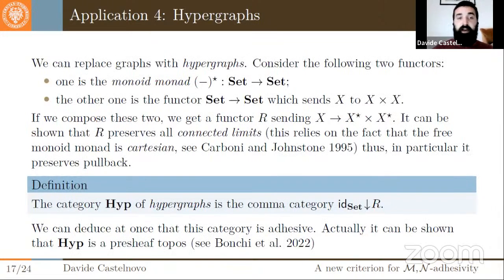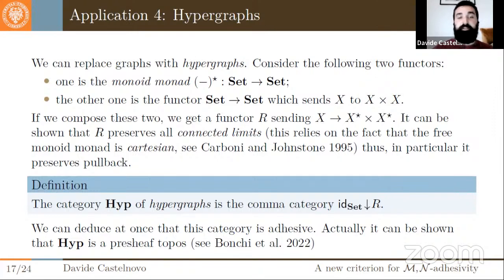We can replace graphs with hypergraphs. So we can consider two functors. One is the monoid monad, the Kleene star, and the other one is again the functor R as before, in which a set X is sent to the product with itself. If we compose these two, we get a functor R sending a set X to the product of two copies of the free monoid on it.